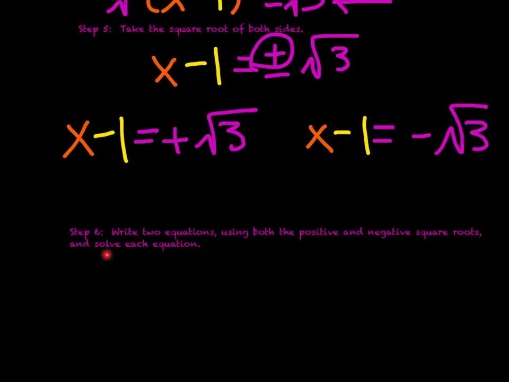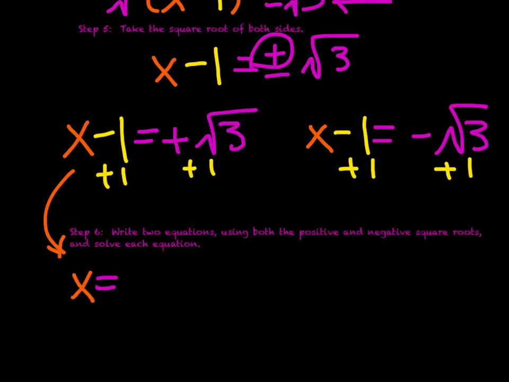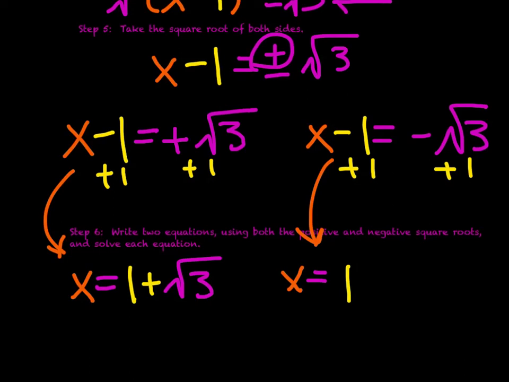Last little bit of this is we need to solve each equation. So we're going to solve each equation by adding 1 to both sides. We might as well do it on both of the equations so we have them taken care of at one time. So this equation ends up being x is equal to 1 plus the square root of 3. And our other equation, we get x is equal to 1 minus the square root of 3.